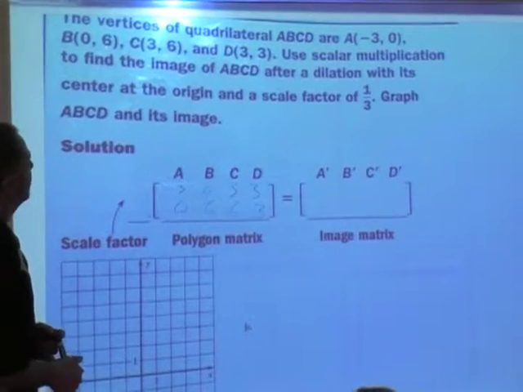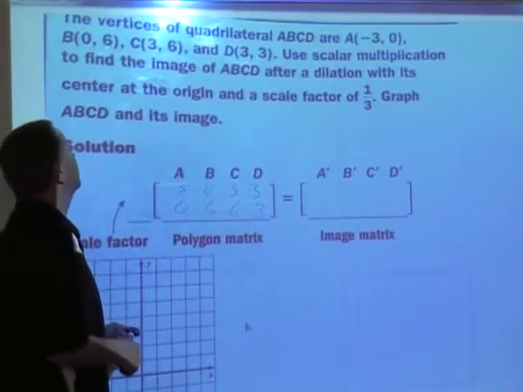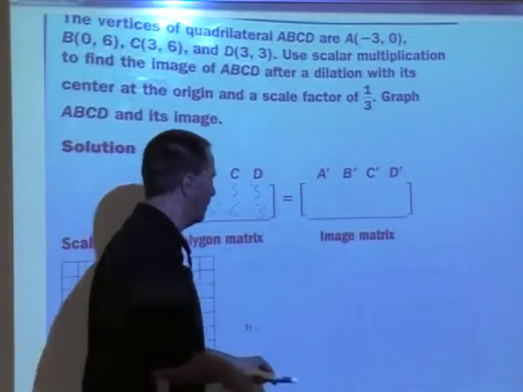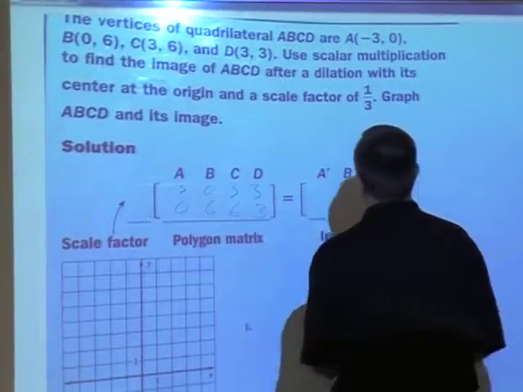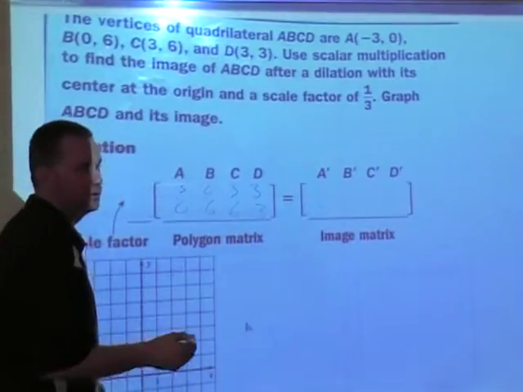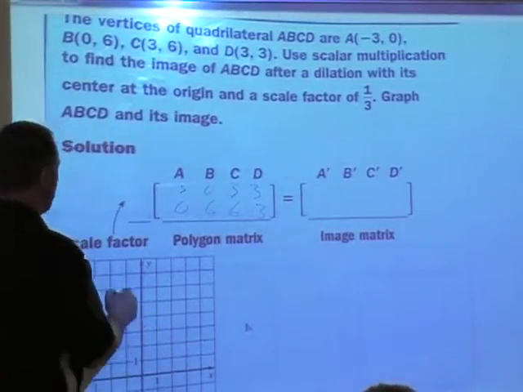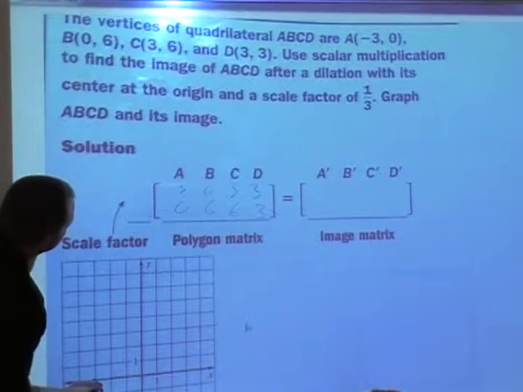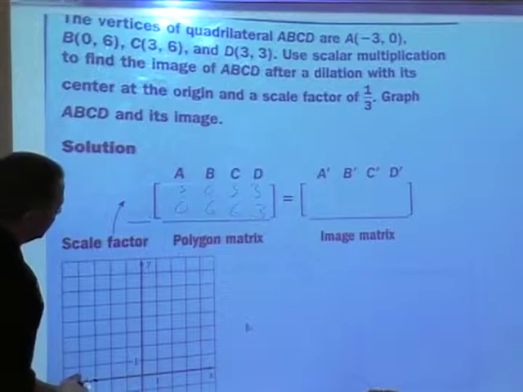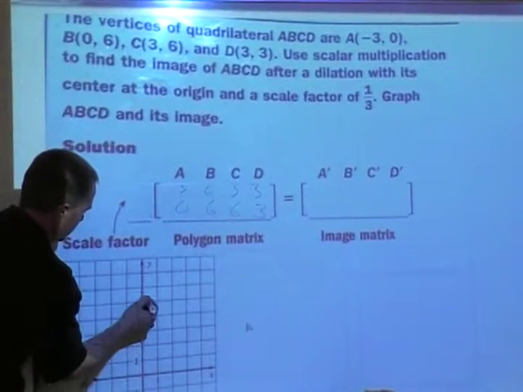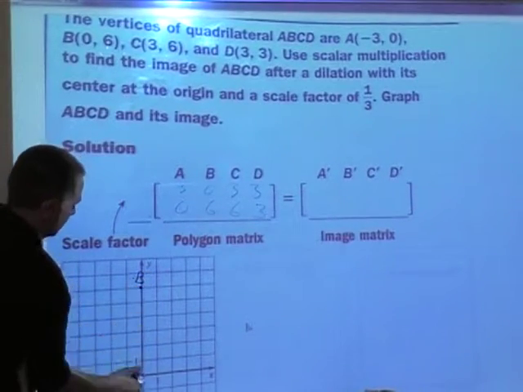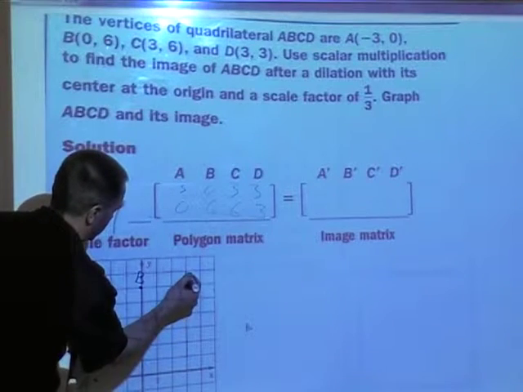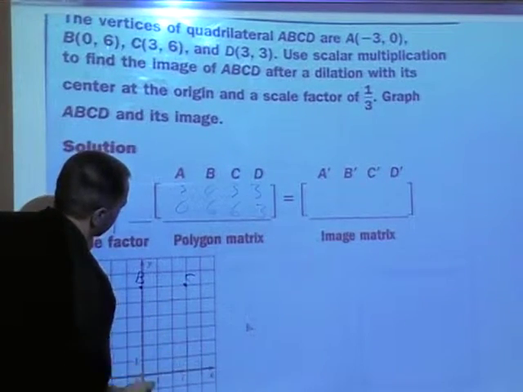Use scalar multiplication to find the image of ABCD after dilation with its center at the origin and a scale factor of 1/3. So are we getting bigger or smaller? Smaller. Let's plot these points. A is negative 3, 0. B is 0, 6. C is over 3, up 6. D is over 3, up 3.